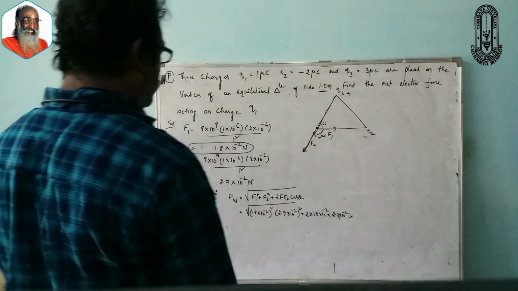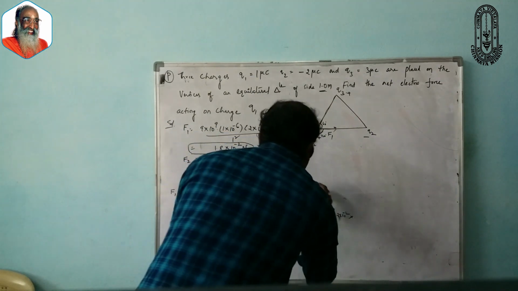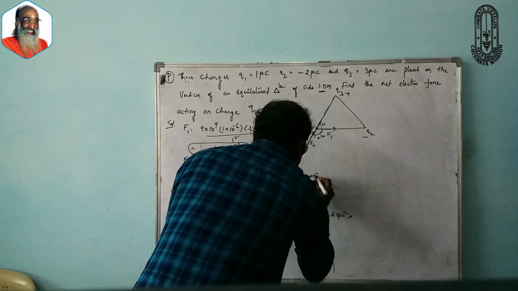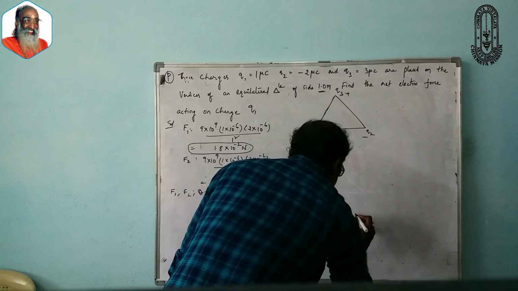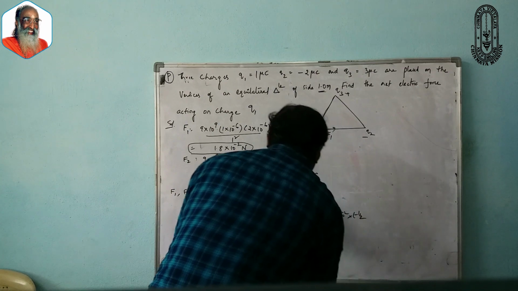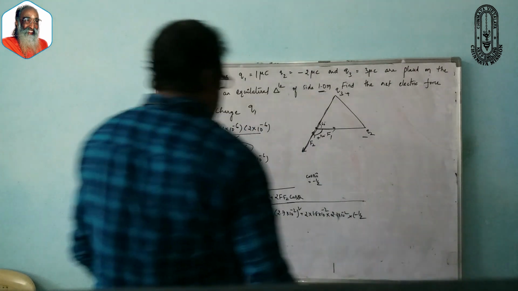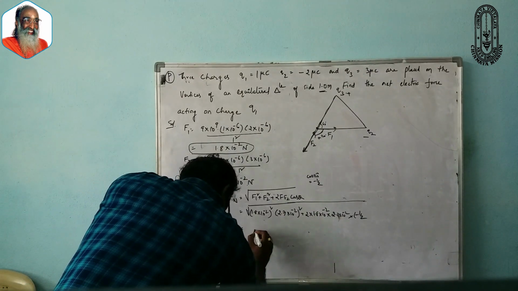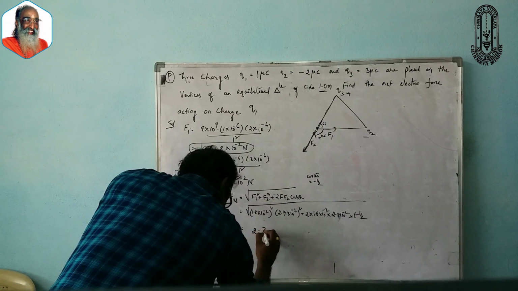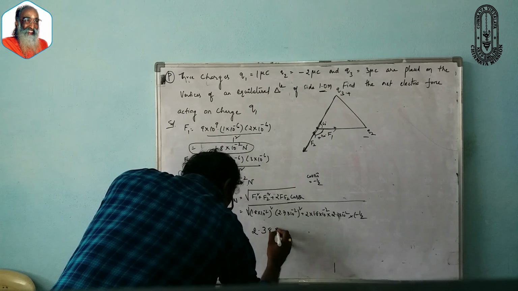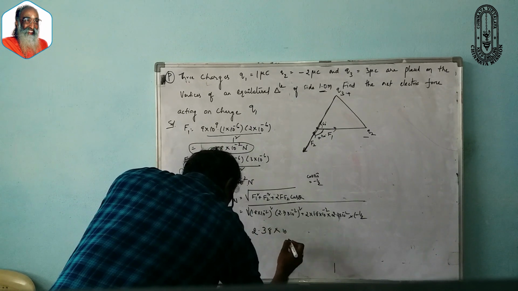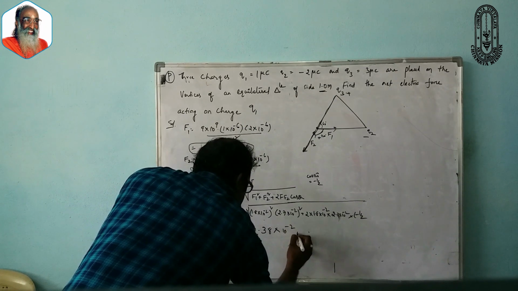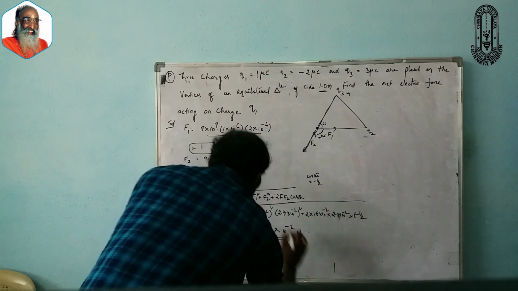What is the value of cos 120? It is minus 1 by 2. So by making the calculation, you are going to get it as 2.38 into 10 to the power of minus 2 Newton. So this is the net resultant force that we are getting.